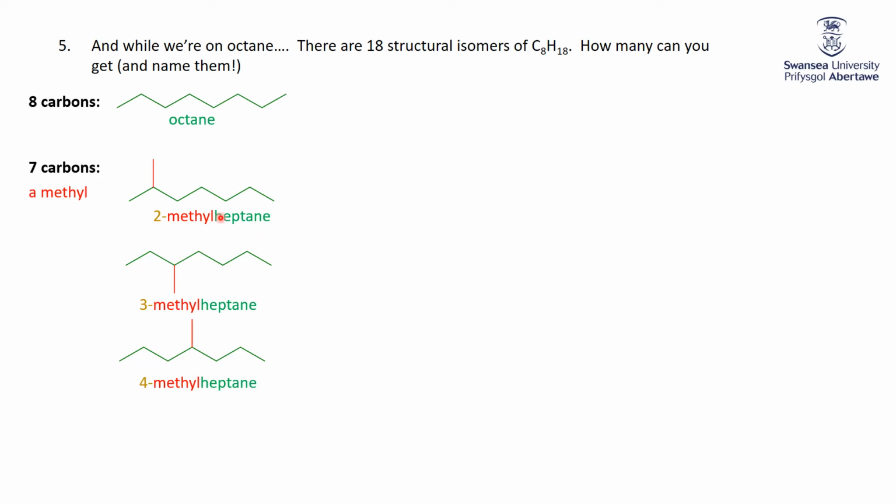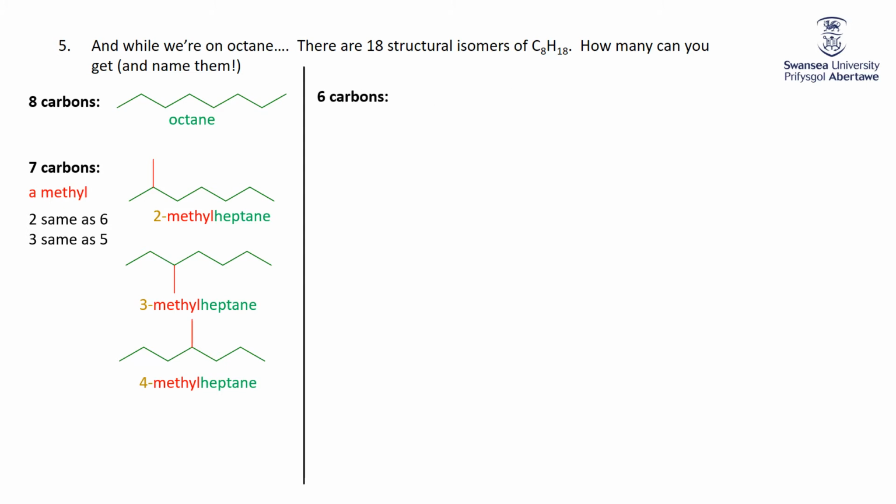If I put 1 at carbon 5, that would actually be the same as putting it at carbon 3. Okay, because if you think about this, 1 same as 7, 2 same as 6, 3 same as 5. So 5-methyl heptane would actually be 3-methyl heptane. 6-methyl heptane, putting it there, would be the same as 2-methyl heptane. So that's 1 octane and 3 heptanes.